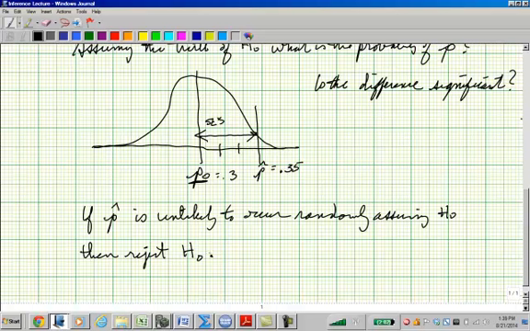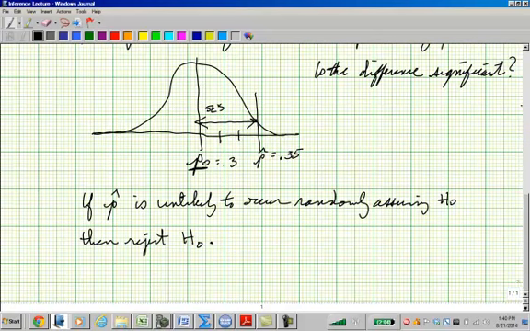Why? Because we expect that if p hat is far enough away from P sub 0, then p hat is closer to the truth than P sub 0.